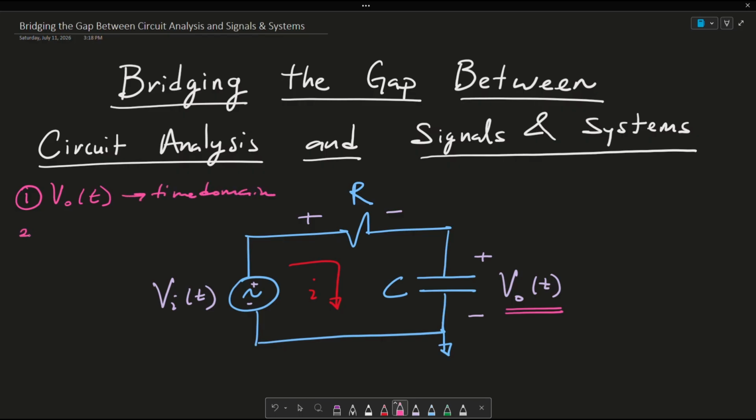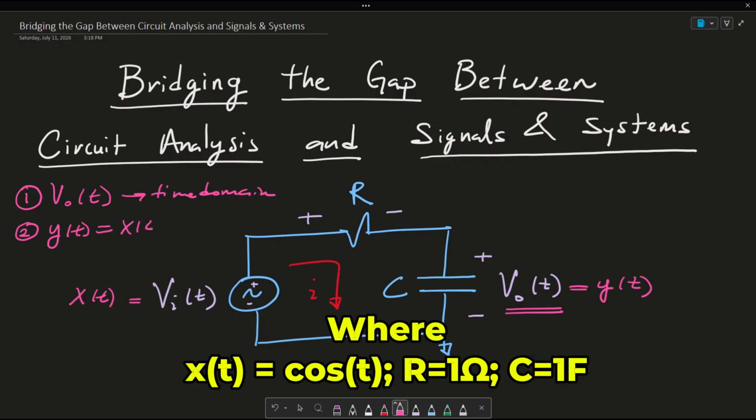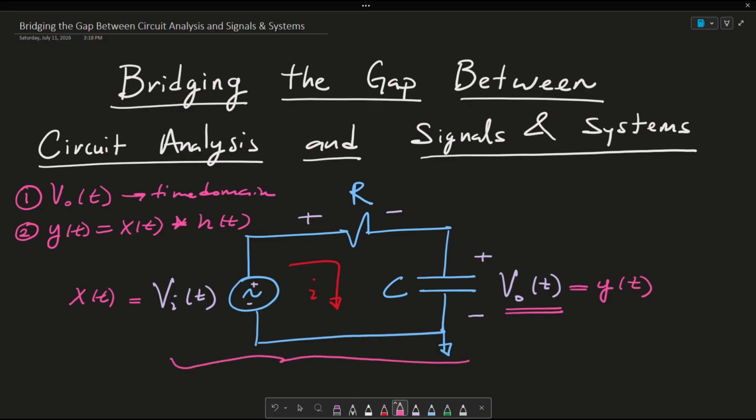The second thing we want to do is, if we consider that v out of t is equated to this y of t, and vi of t is equated to this x of t, we want to find y of t given that x of t is a given input convolved with h of t, which is going to be the impulse response of this circuit. So that's the second task at hand.